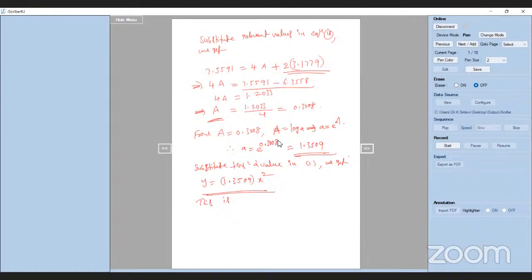This is the required curve to be fitted to the given data by using the method of least squares approximation.